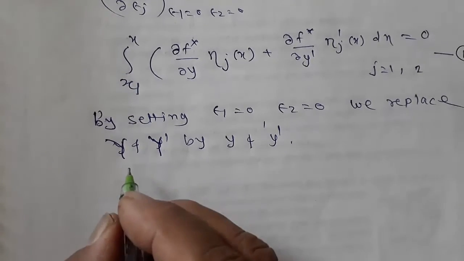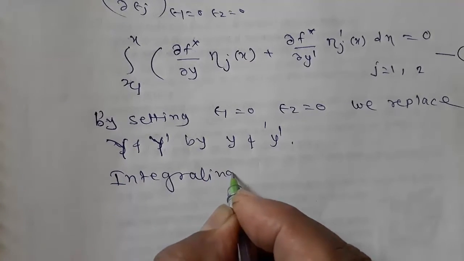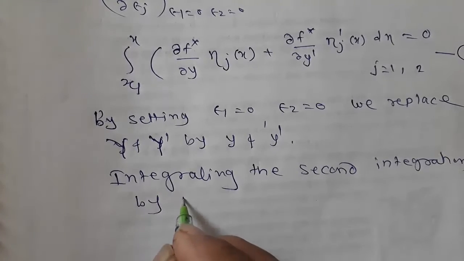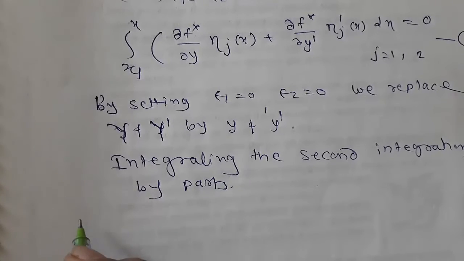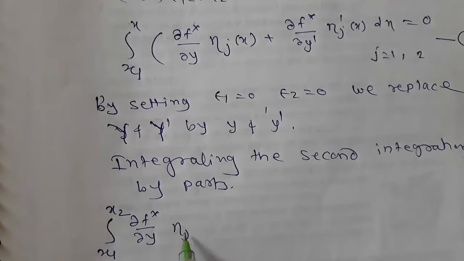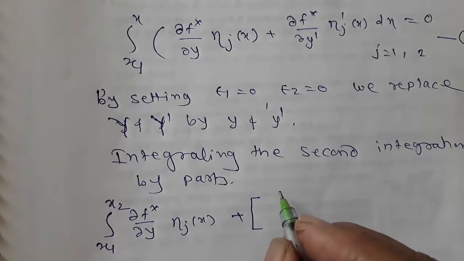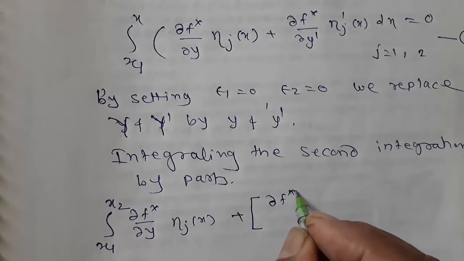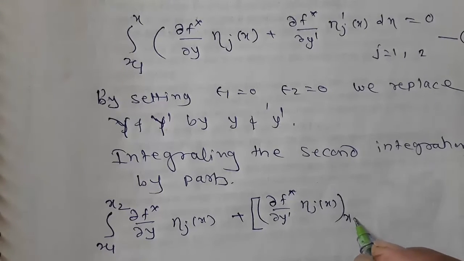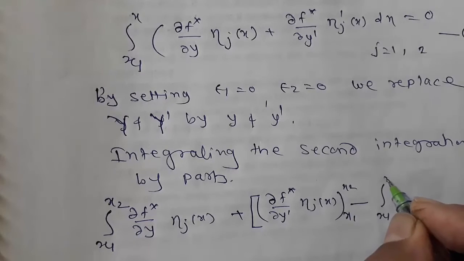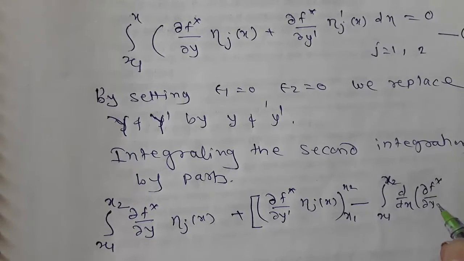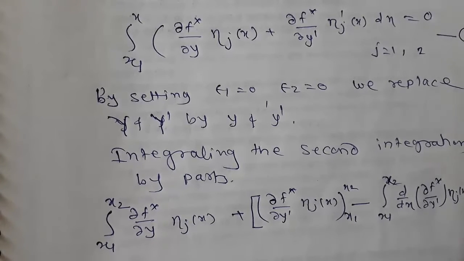Integrating the second integral by parts, we get the first integral as it is, integral x1 to x2 of dou f star by dou y eta j x, plus the second integral, dou f star by dou y dash into eta j x from x1 to x2, minus integration from x1 to x2 of d by dx of dou f star by dou y dash into eta j x dx.